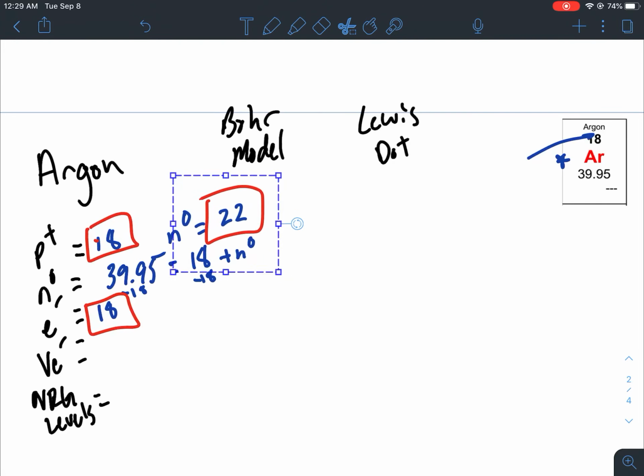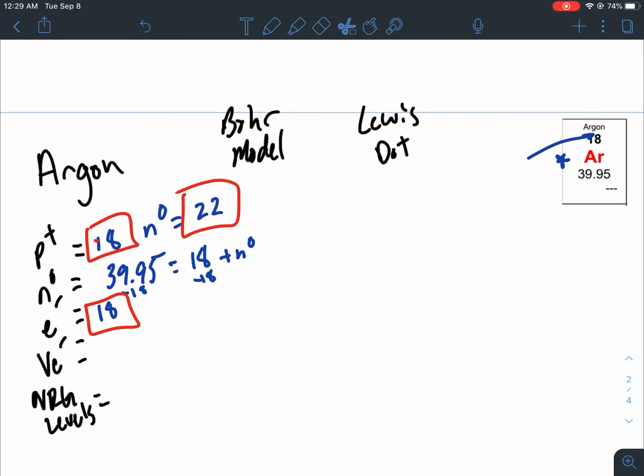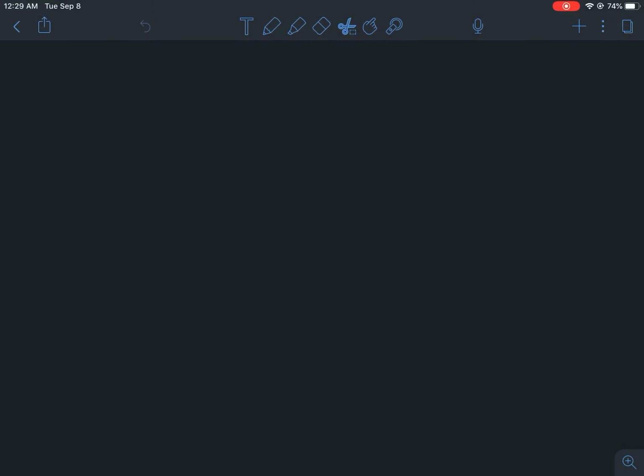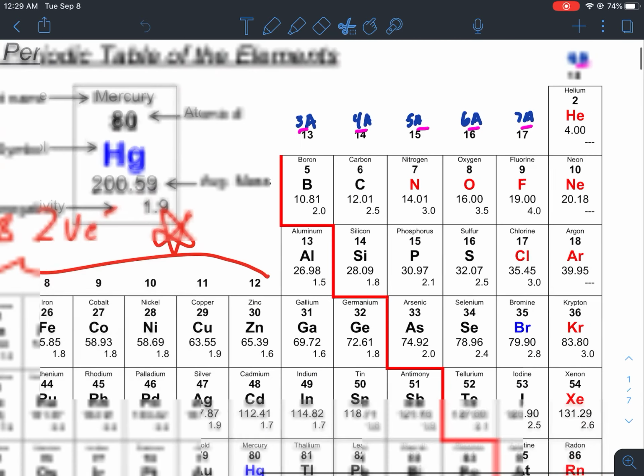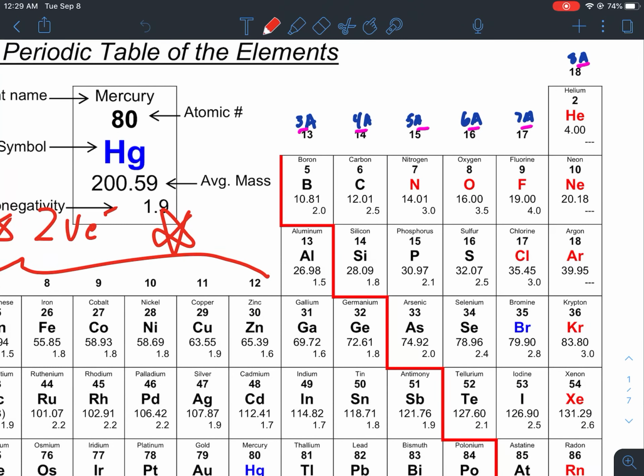When we go back, I'm going to move this over just a little bit. We need to figure out the valence electrons and the number of energy levels. So let's start with the number of valence electrons. In this case, we can find valence electrons two ways. We're going to do the easy way. Argon is right here, so argon is going to be in the 18th column.